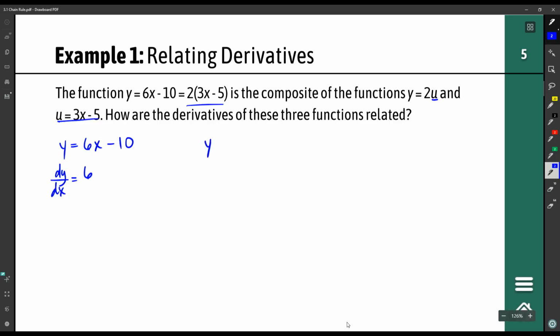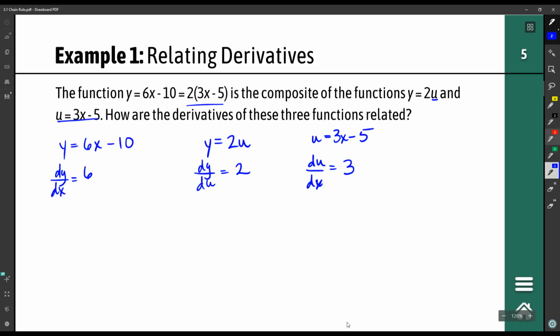Let's move next to the function y equals 2u. So we have here dy/du, the derivative of the function y with respect to its independent variable u, is 2. Finally, let's move to the third function, which is u equals 3x minus 5. And this time du/dx is 3. So how are all three of these function derivatives related?